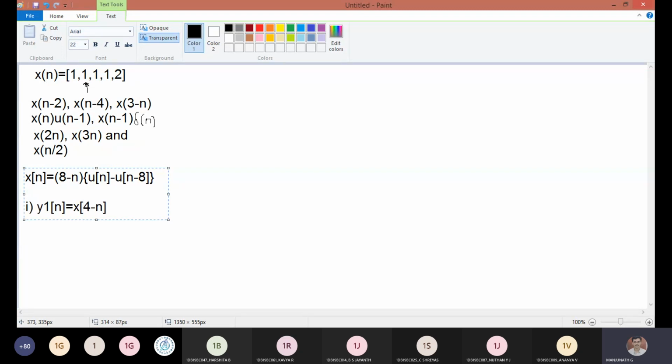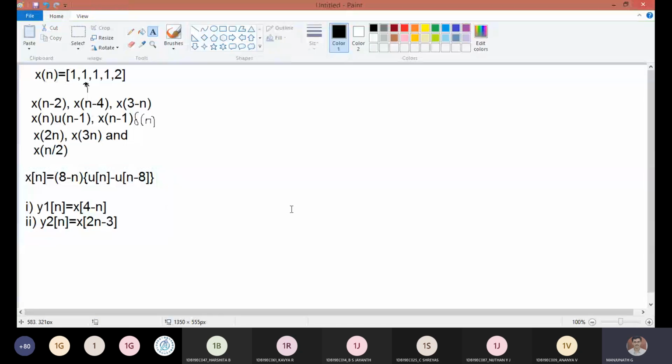So this is the first question. And the second one is y of 2. You are supposed to calculate, and it is asked as x of 2n minus 3. So this is the question.